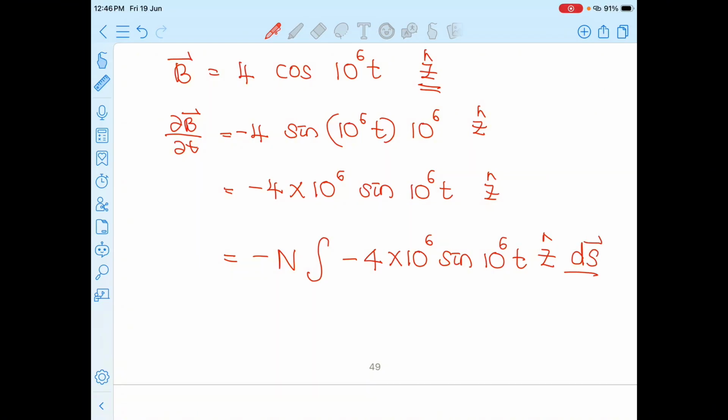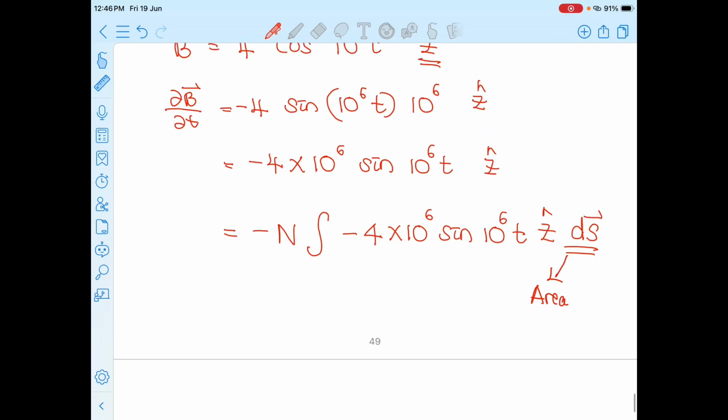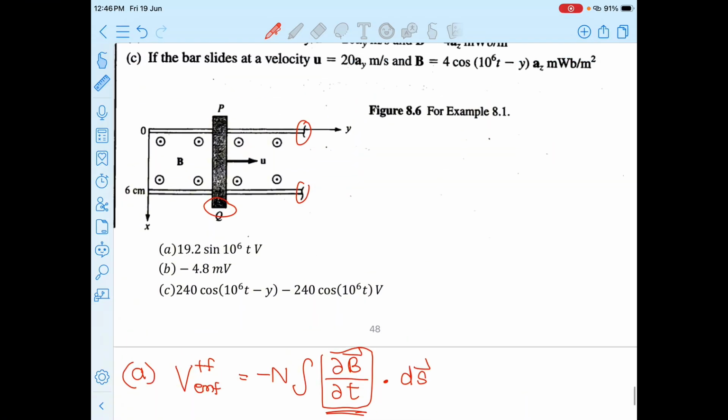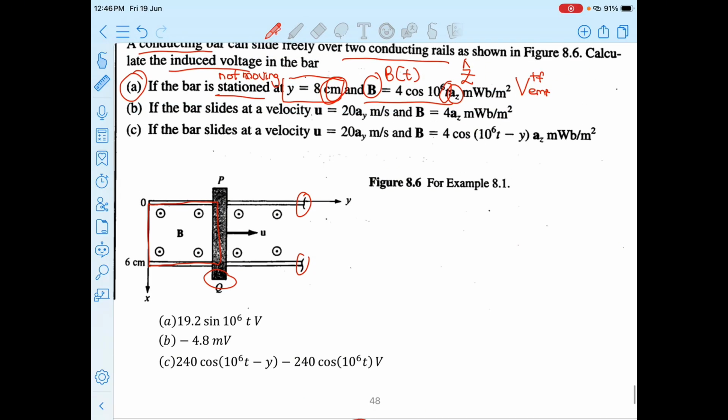This dS stands for the area of your conducting loop. This one will be your area. If you want to do it fast, because the question already mentioned the dimensions in centimeters, this is 6 centimeters, from here to here, and over here it will be 8 centimeters.